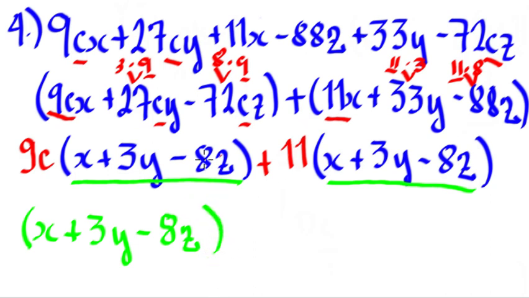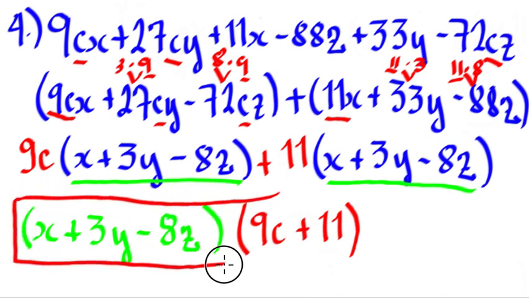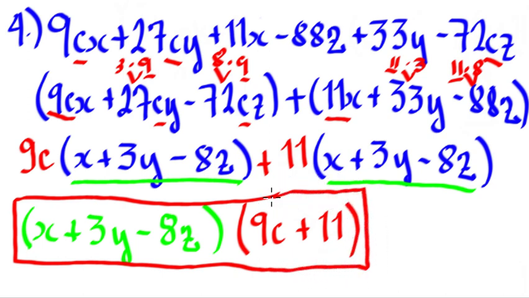We're going to use red because we have used red for this. So we have 9c plus 11. Okay, so this is our answer for number 4. The quantity x plus 3y minus 8z times the quantity 9c plus 11. So again, by commutativity, it's okay to write the 9c plus 11 on the left side.